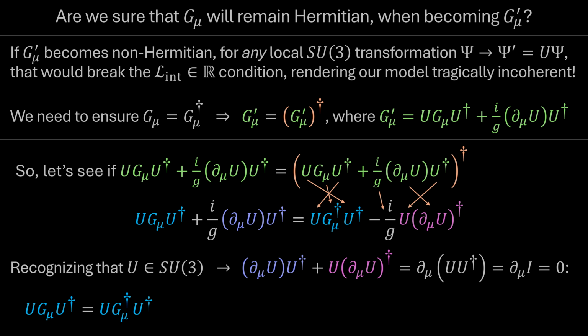That leaves us with the equation U G_mu U dagger equals U G_mu dagger U dagger. So is that equation true? Well, yes, because we took as a starting point the fact that our gauge field in the original gauge is Hermitian. So G_mu equals G_mu dagger. And if G_mu equals G_mu dagger, then U G_mu U dagger equals U G_mu dagger U dagger.